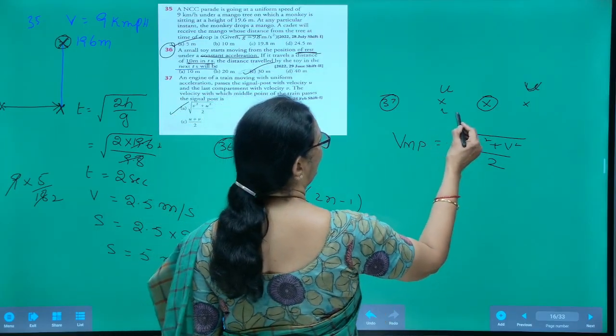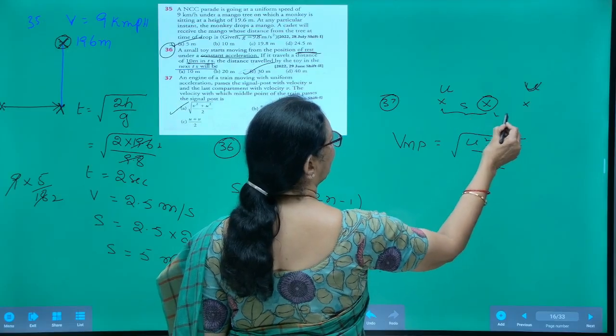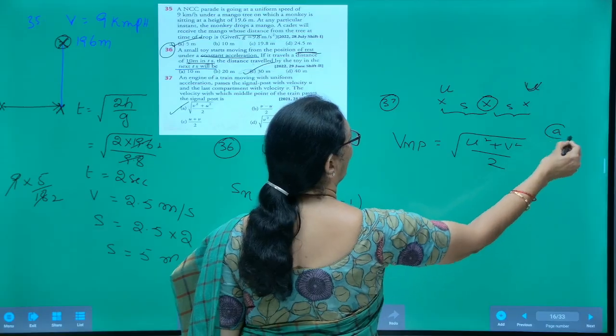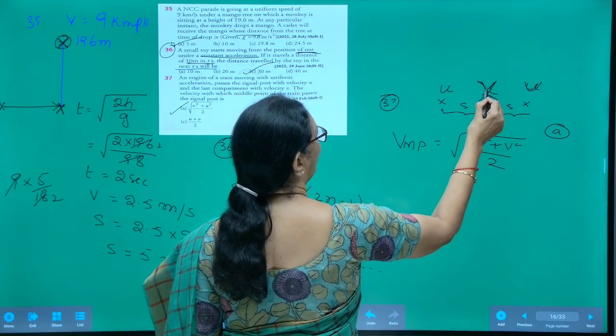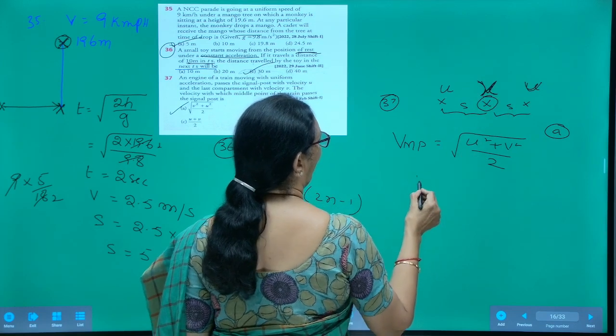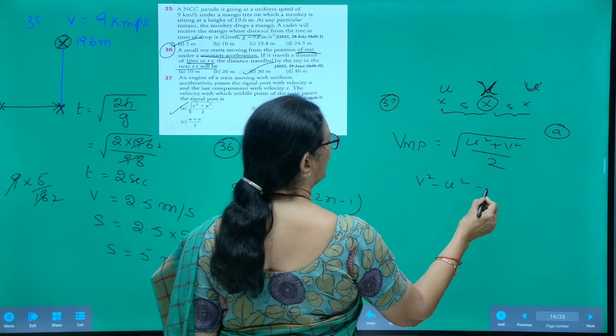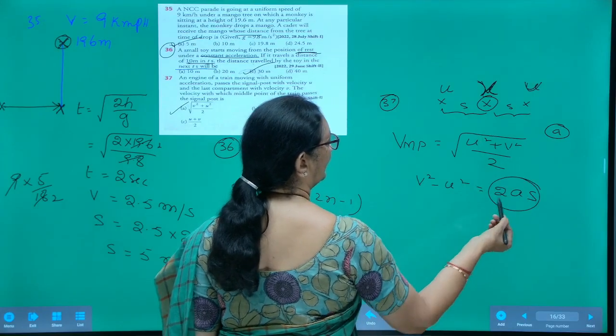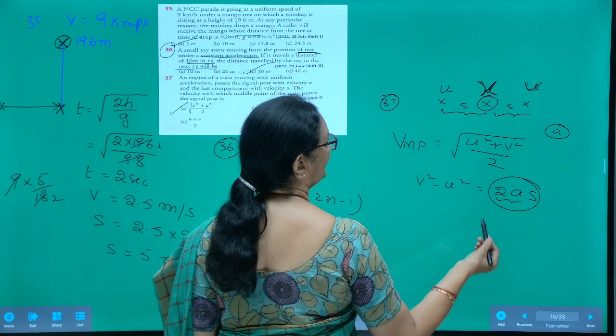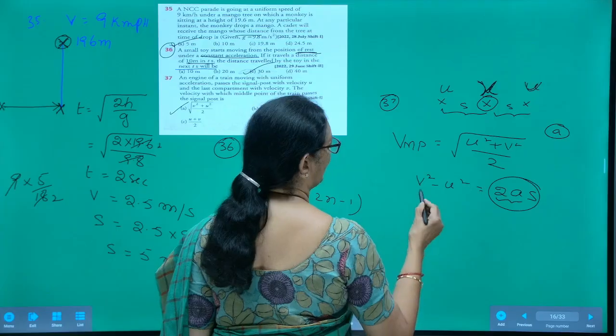It is very simple. Here a is constant, and you need to find out the velocity at this point. Let us take this as x. v square minus u square is equal to 2as. Here, acceleration is the same, s is also the same.